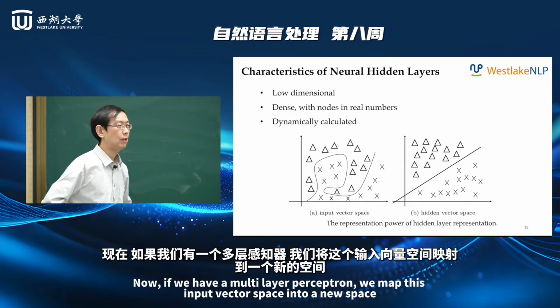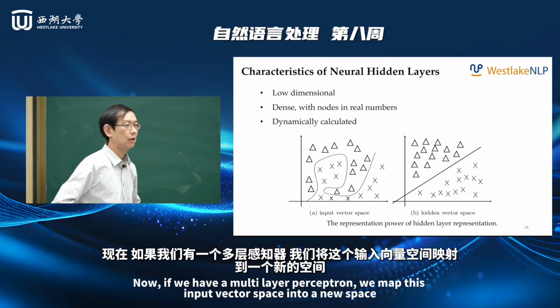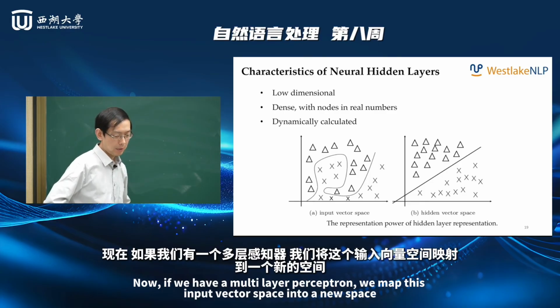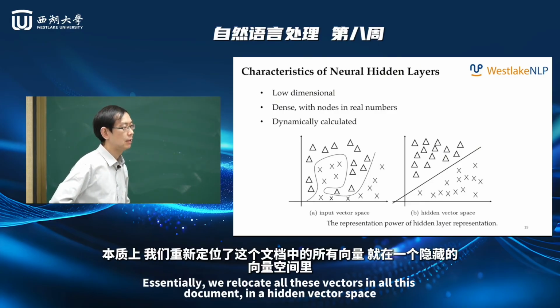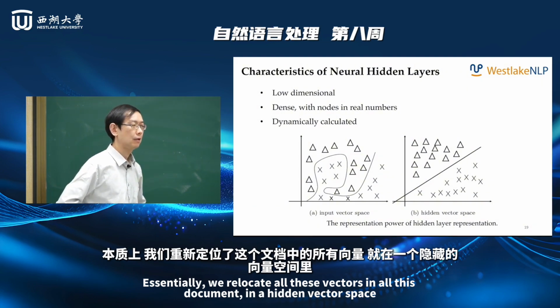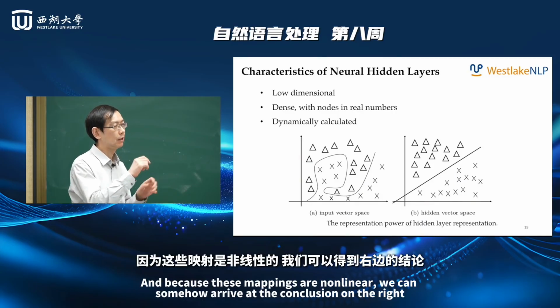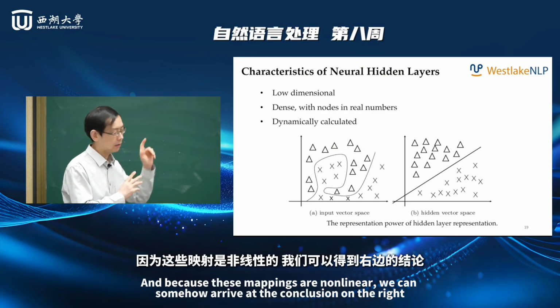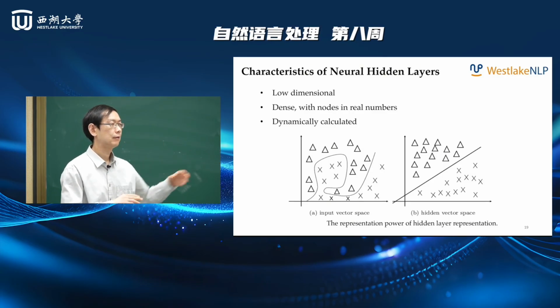Now, if we have a multi-layer perceptron, we map this input vector space into a new space. Essentially, we relocate all these vectors, all these documents, in a hidden vector space. And because these mappings are nonlinear, we can somehow arrive at the conclusion on the right, okay?